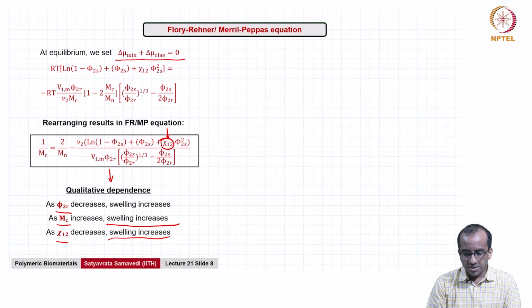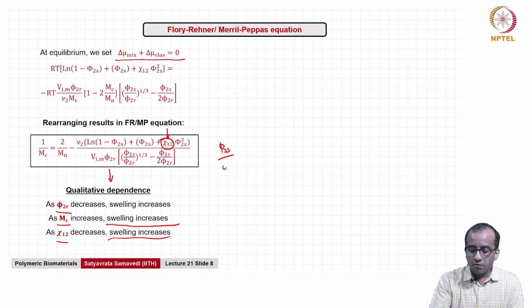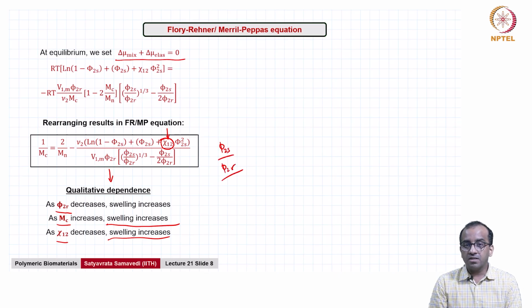Now, the Merrill-Peppas corrections are primarily accounting for the fact that these hydrogels are formed, or cured, in the presence of a solvent, meaning the base state for the Merrill-Peppas equation is not the dry state of the gel, but the relaxed state. That is why we are interested in Phi2S over Phi2R, where the base state is the relaxed state where the hydrogels have been cured in the presence of a solvent.